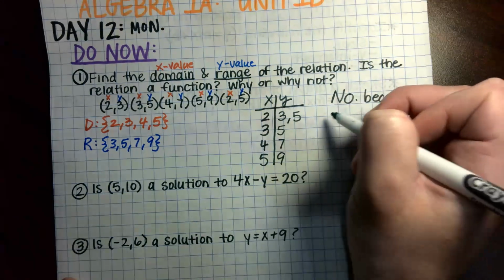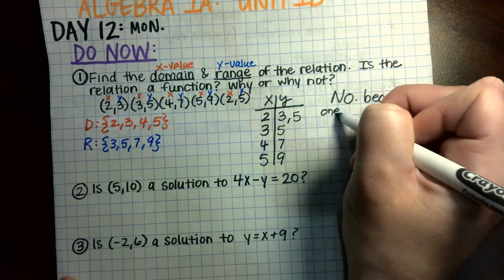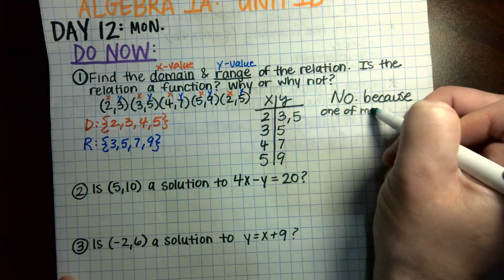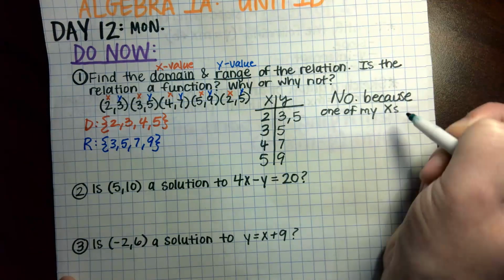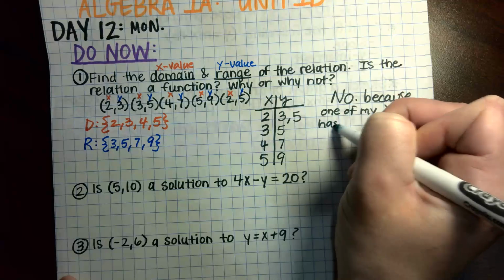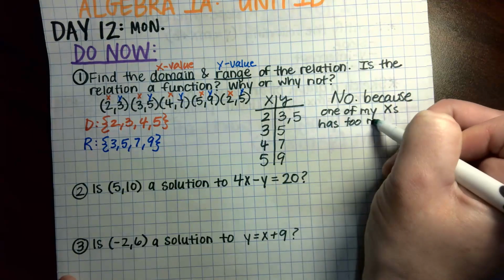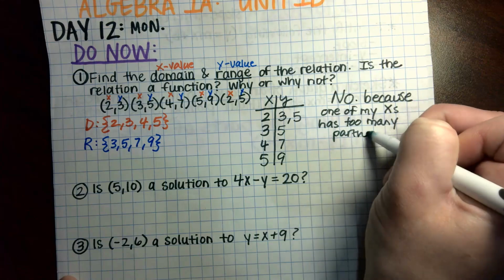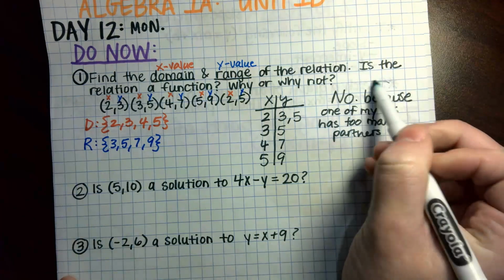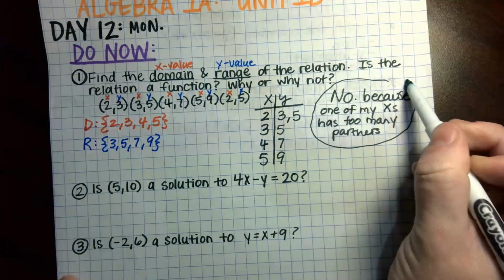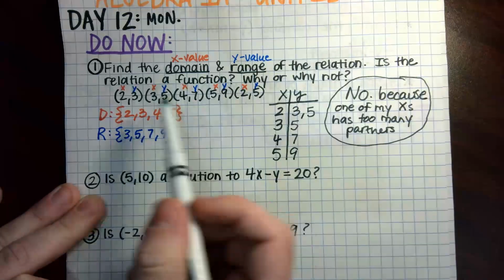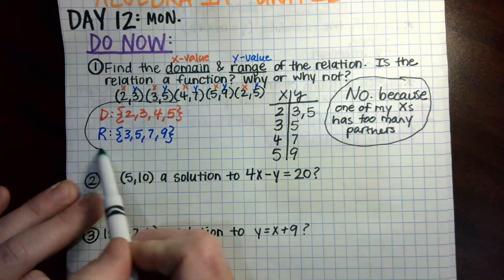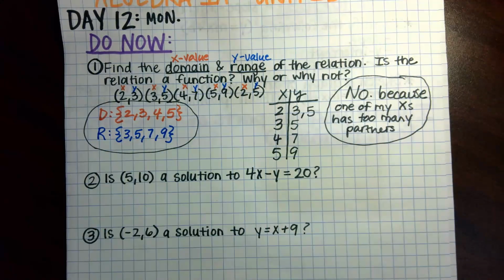Yeah, I'll say no because one of my x's has too many partners. All right. And then because it's our answer, we'll circle it. Just get in the habit of circling our answers. Same with domain and range. We're going to circle that so they don't get lost.